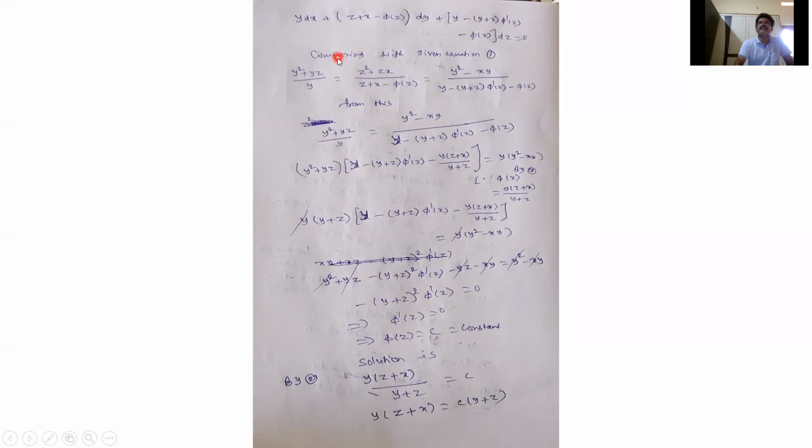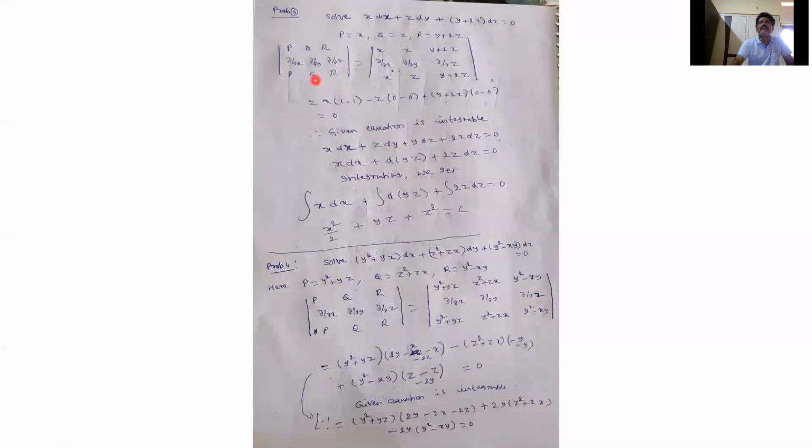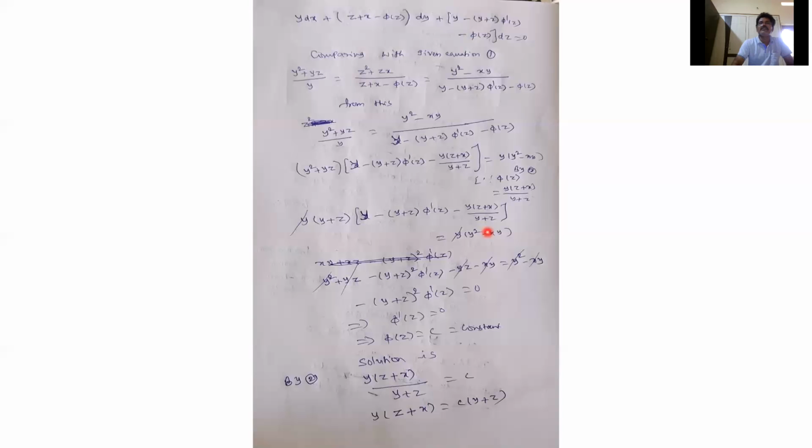So now comparing with the given equation. Given equation is (y square plus yz) dx, (z square plus zx) dy, and (y square minus xy) dz equal to 0. Comparing, in the given equation the dx coefficient is y square plus yz, here it is y.